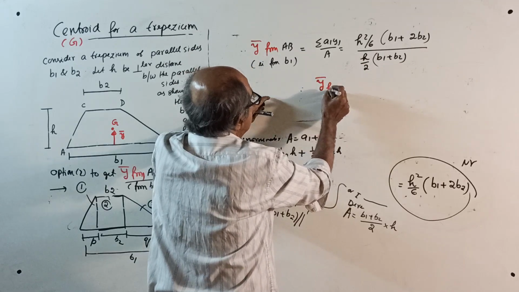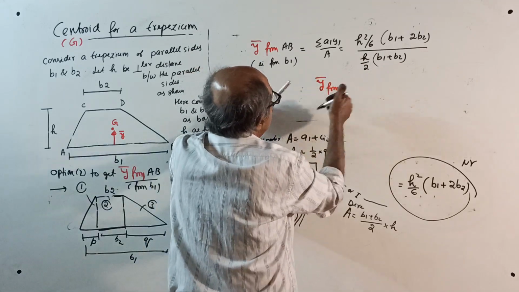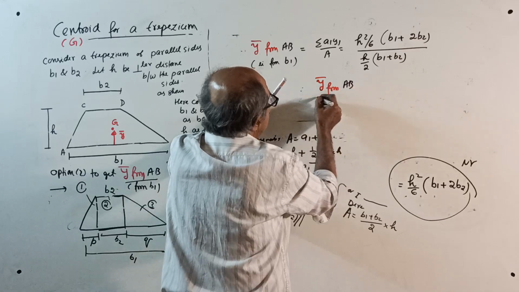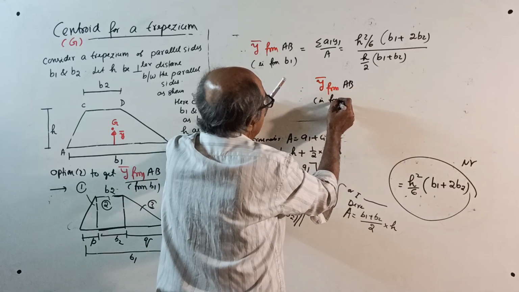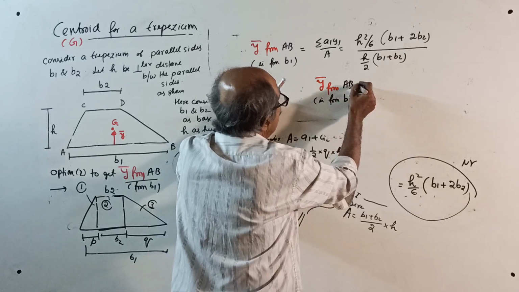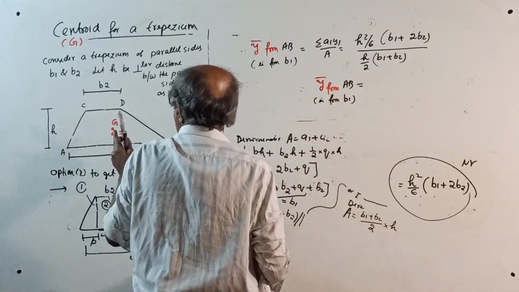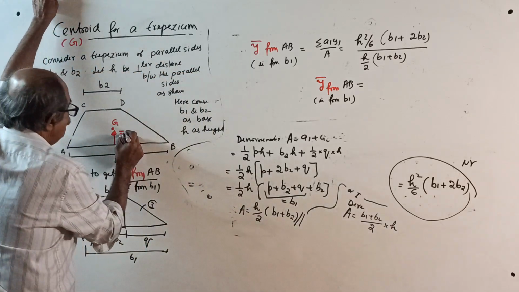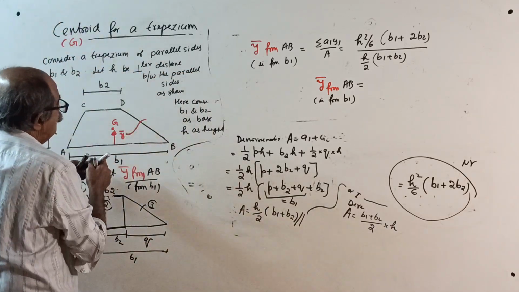Therefore, y bar from AB, that is from the parallel side B1, equals, make a note here, this is y bar from AB.